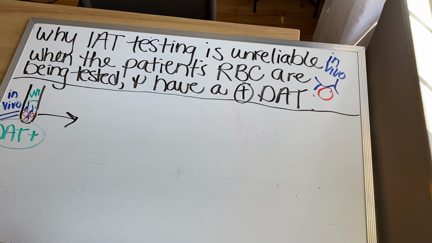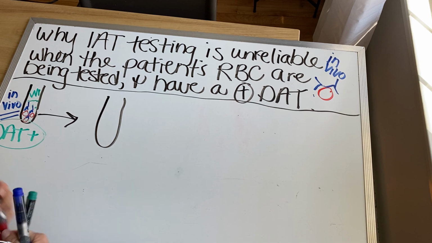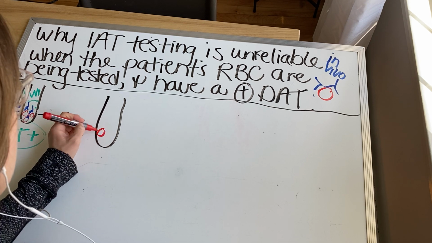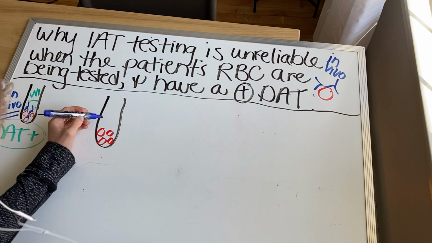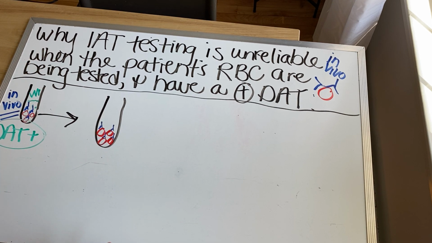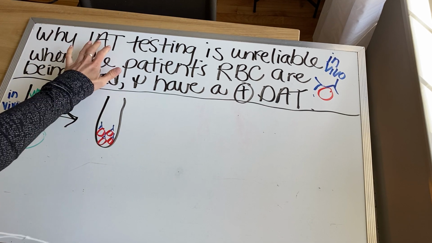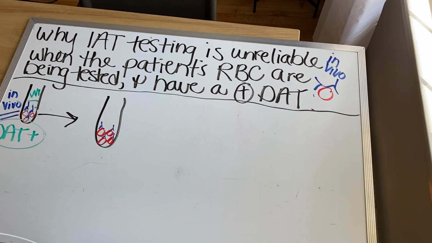So for example, in the lecture slide that I was giving you about anti-D, if we have a tube of blood, a reaction tube that we take the patient's red cells with, and we want to see which antigens are on the red cell surface, well, if they're previously coated with an antibody, that's going to cause problems at the IAT phase because they're previously coated. IAT requires an incubation phase and the addition of an antibody.